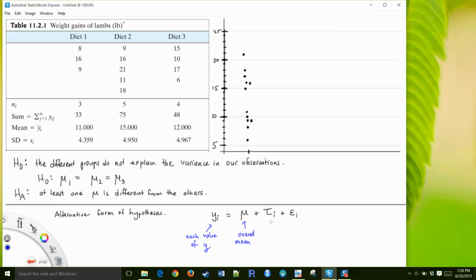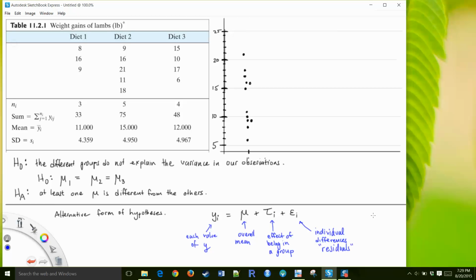So for example, if we were talking about how tall someone is, under this form we could say people are different heights, and part of that height difference can be explained by their sex. If you are male, the average height for male is this, and then there's individual differences. And if you're female, the average height for female is this, plus individual differences, which may be positive or negative.